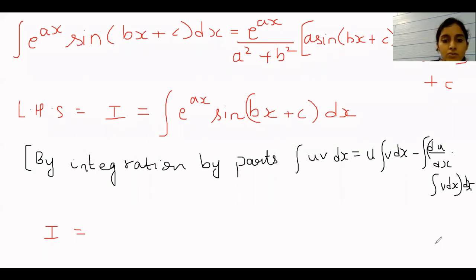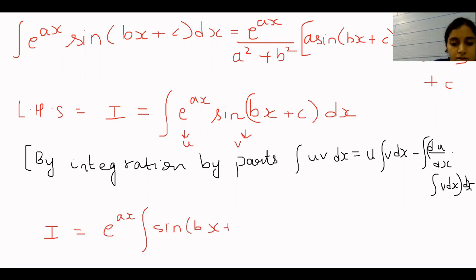Okay, so let us start. This is u here and this is v. So uv dx is u integral v dx: e raised to ax integral sine of bx plus c dx, the first part, minus integration of du by dx.